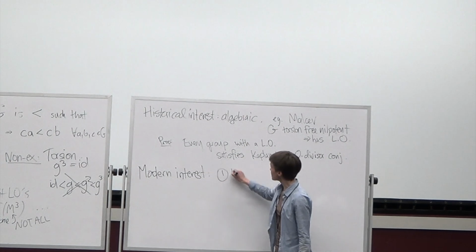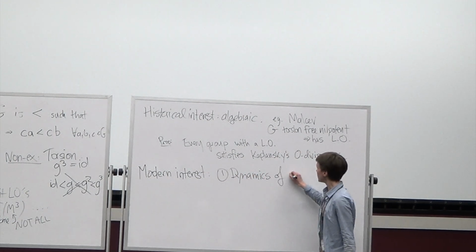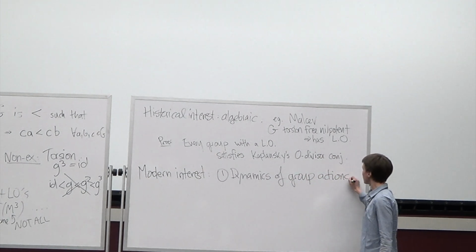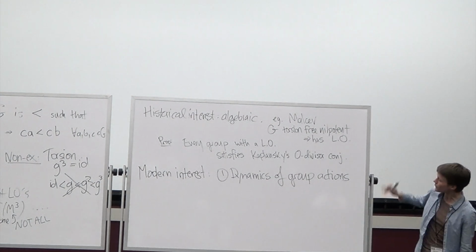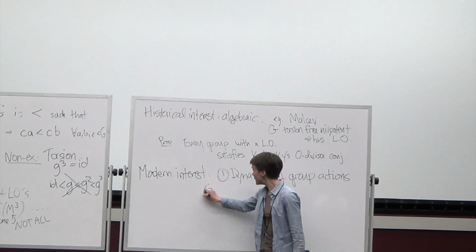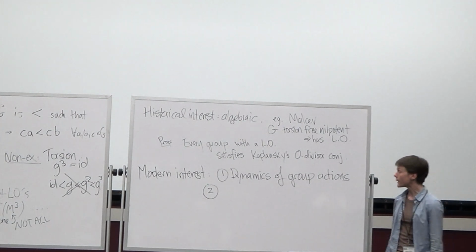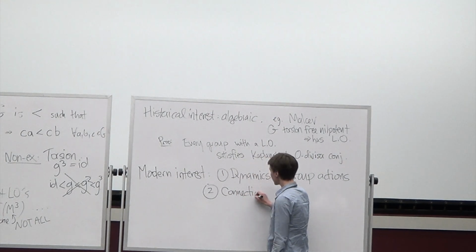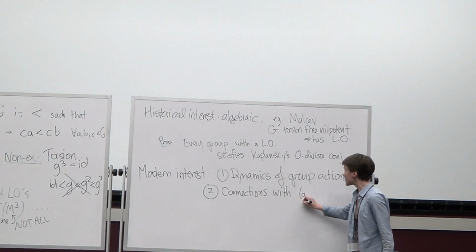One is connections with the dynamics of group actions on low-dimensional, basically one-dimensional manifolds, but sometimes you can push this to higher dimension. And two, connections with topology and maybe also geometric topology.